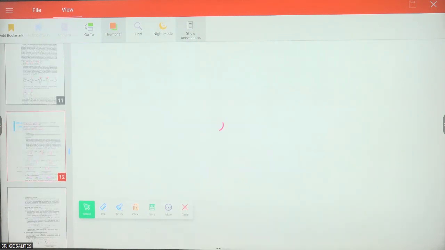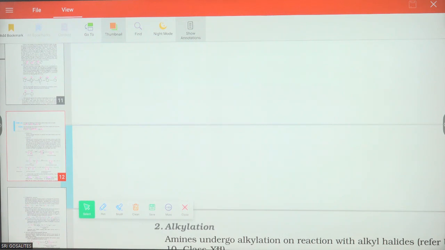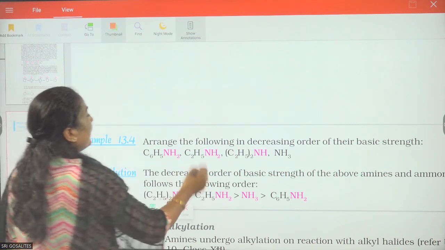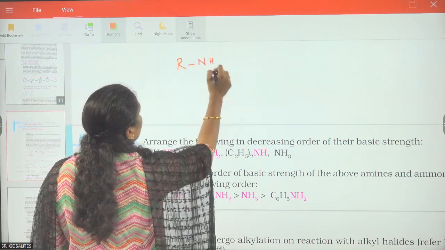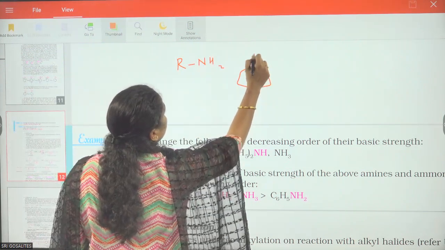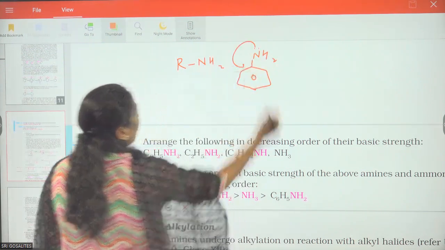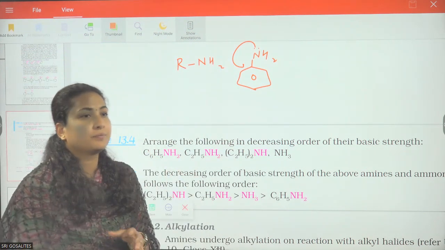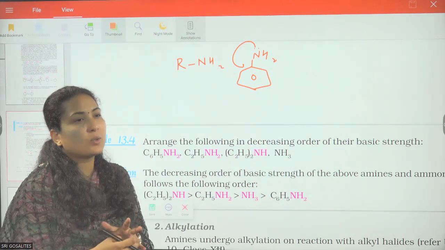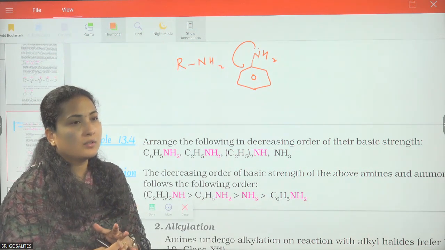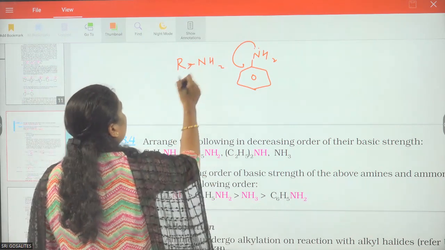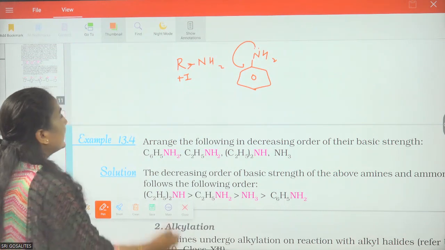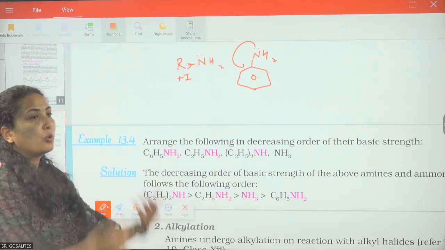Now they have given you one particular example here. In the decreasing order, first of all, when it comes to aliphatic, which is RNH2, and aromatic, which is this, its lone pair will be involved in resonance, so it will be less available for donation to any other species. Yes, ammonia is coming last. Here it will be plus I, and because of that it will be helpful in helping this nitrogen release its lone pair of electrons.